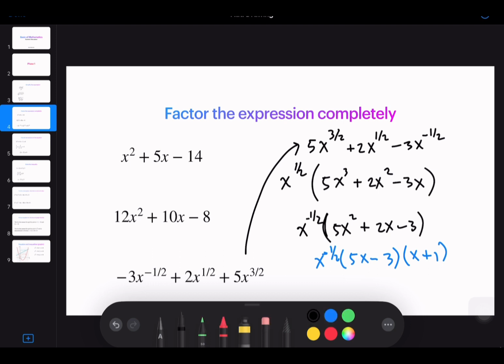Wait. So this will be x to the half, 3/2.